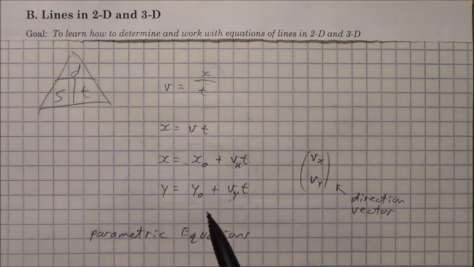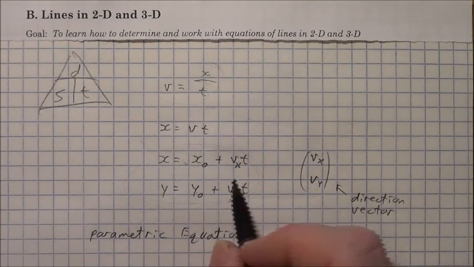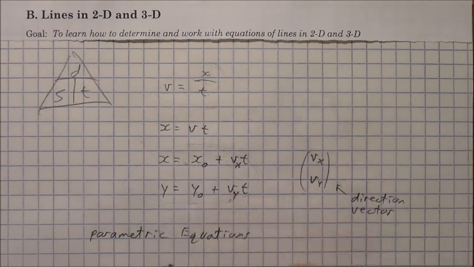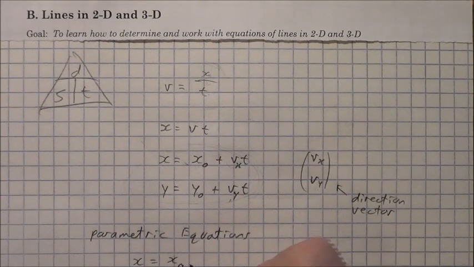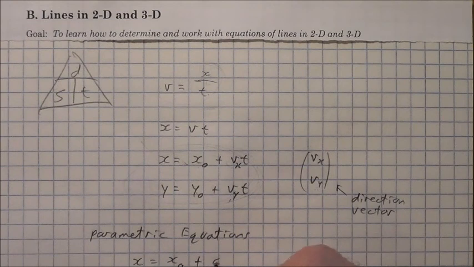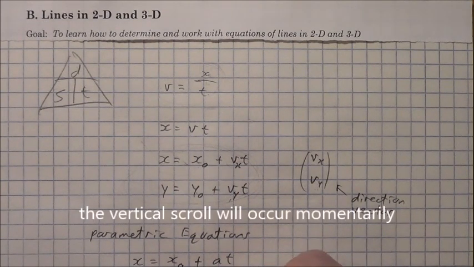They can be simplified. The v sub x and v sub y are usually written just with single variables, so usually it's written as x equals x naught plus at, and y would be y naught plus bt.